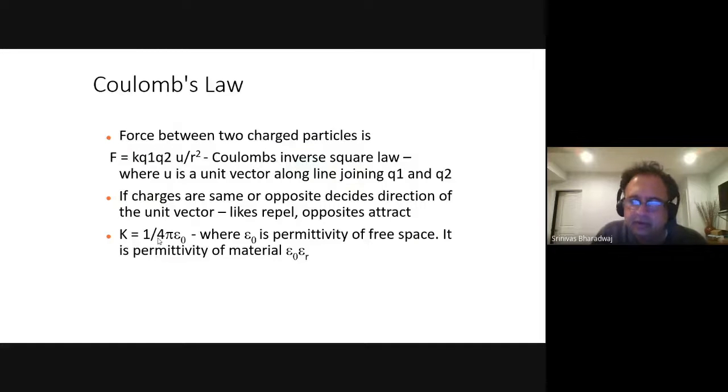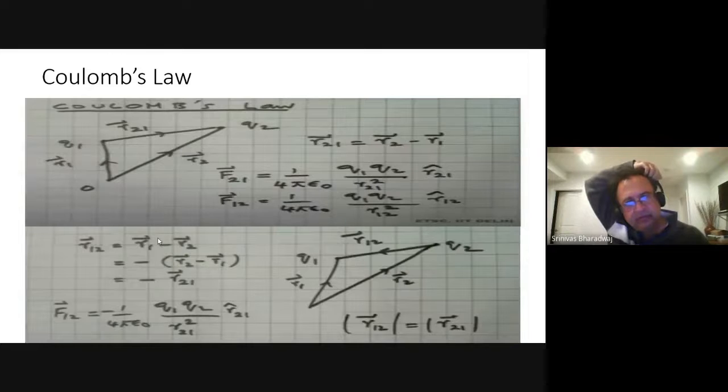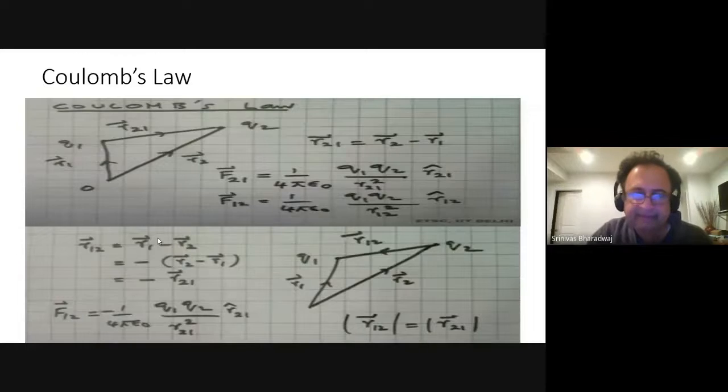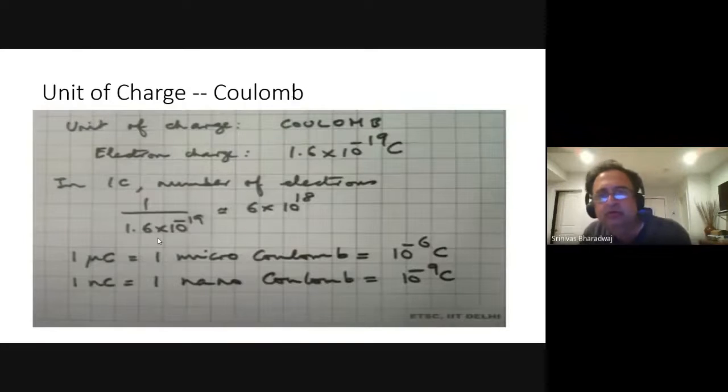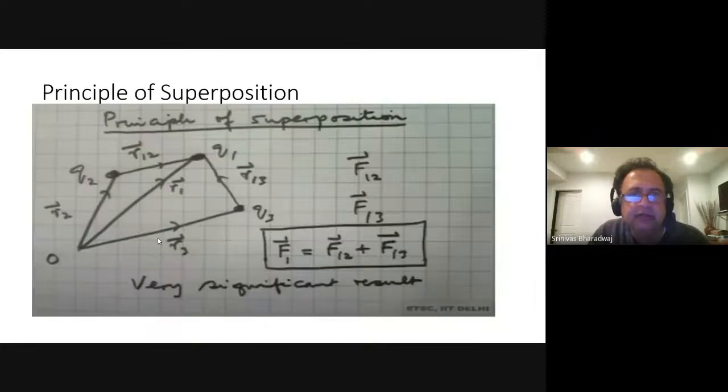It's 1 by epsilon naught and epsilon R. So the force is 1 by 4 pi epsilon Q1 Q2 by R square, and R hat is the unit vector. The unit of charge is the Coulomb, and the electron charge is 1.6 × 10⁻¹⁹ coulombs. So 1 Coulomb has this many electrons.